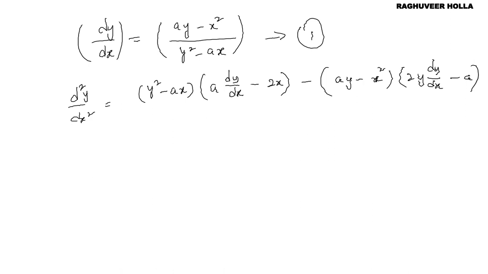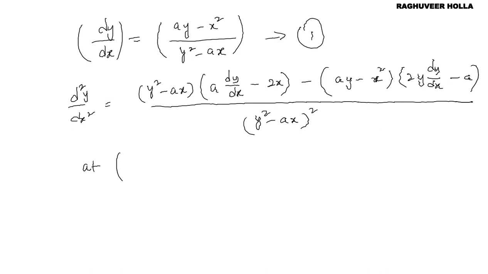This whole thing is divided by y square minus ax whole square. Now again at 3a by 2 comma 3a by 2, let us substitute it.